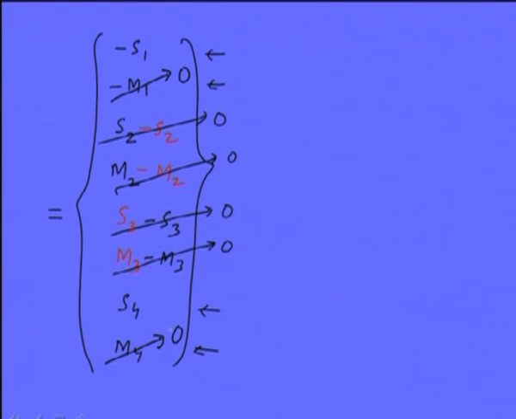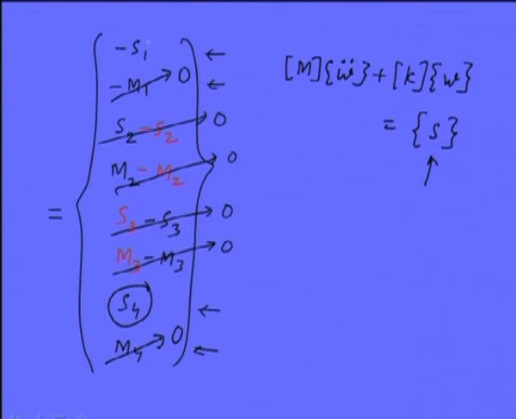In this particular equation, the right hand side has this form. I will just write it in the compact form: M W double dot plus K W is equal to the internal forces. In this right hand side, you can see that S4 is non-zero and S1 is non-zero, and all other entries are 0.